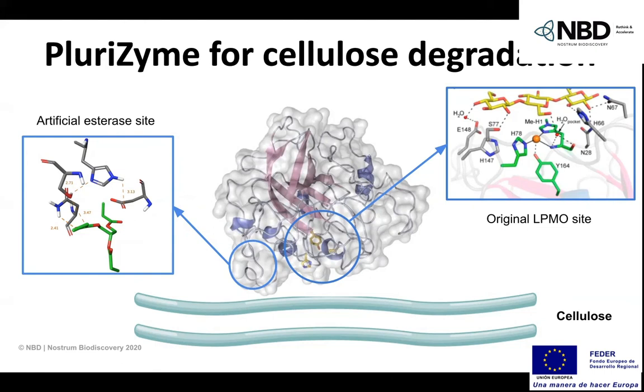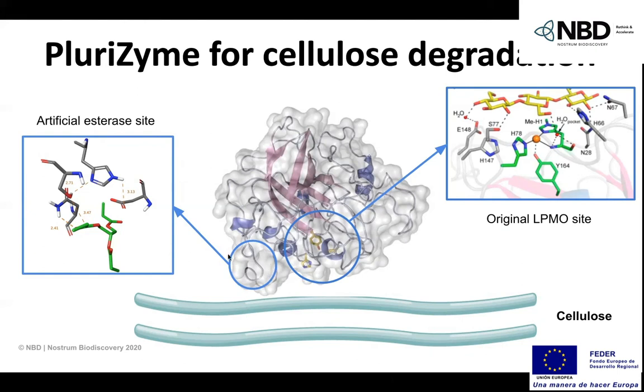site. We performed a similar approach as we showed before, but focused on the edges of the binding surface, due to the mechanism of the LPMO. The LPMO lands on the cellulose fiber and moves along the cellulose fiber. So we focused on those two areas.